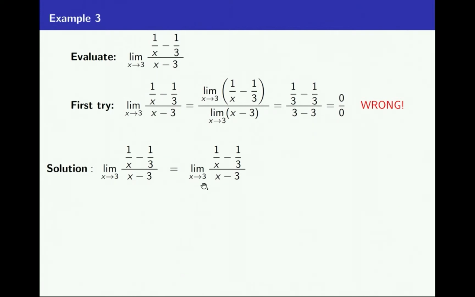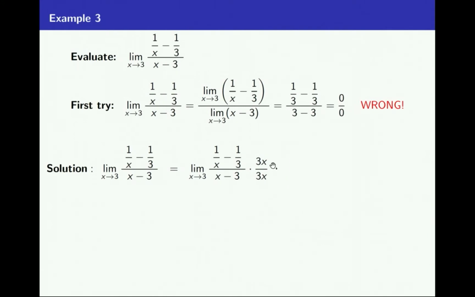I'm going to show you a trick that you should be alert for. In working out this limit, you can multiply it by 1, which will not change anything, but you can choose to multiply by 1 in a very convenient form. What we could do is multiply by 3x divided by 3x.